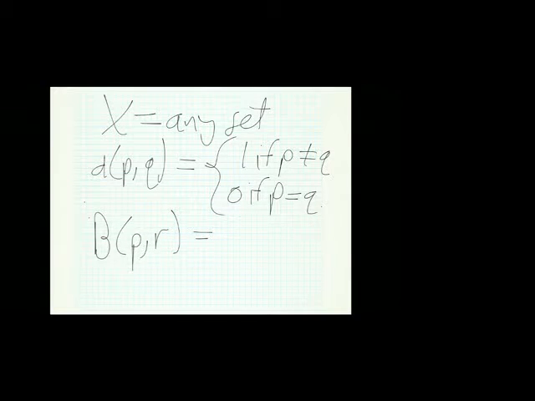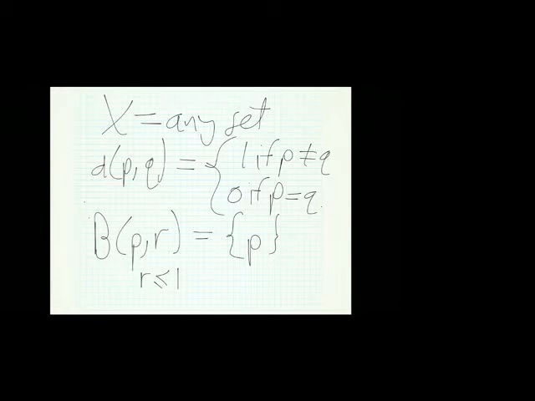So these are all the points in X that are within a distance of R from P. So if I say R is less than or equal to 1, what is this set equal to? It's the set that only contains the point P.